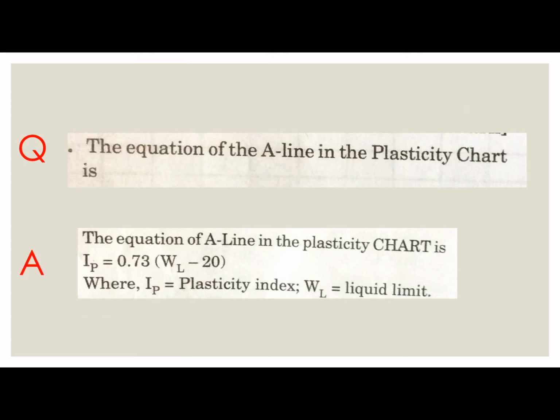Next question, the equation for the A line in the plasticity chart is what? This we already know. It is IP is equal to 0.73 into (WL minus 20). IP is the plasticity index and WL is the liquid limit of the soil.